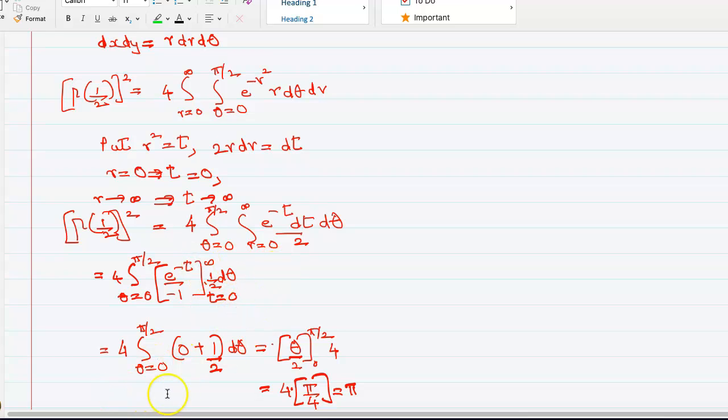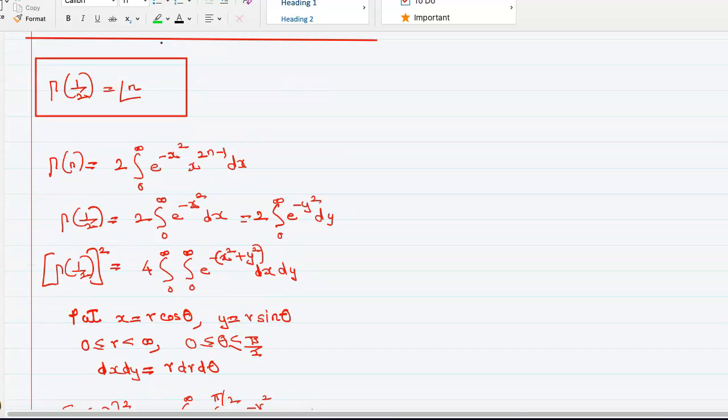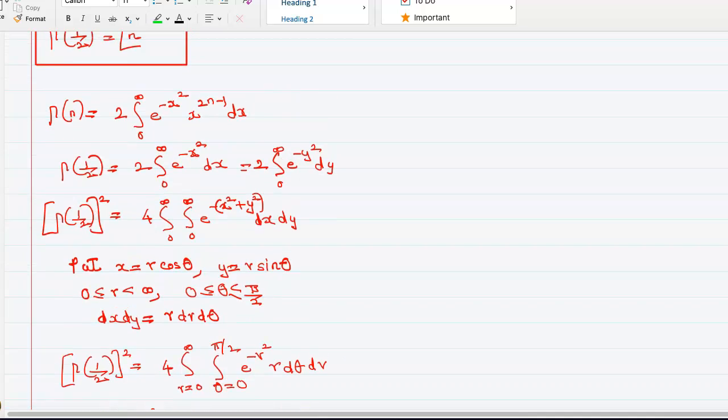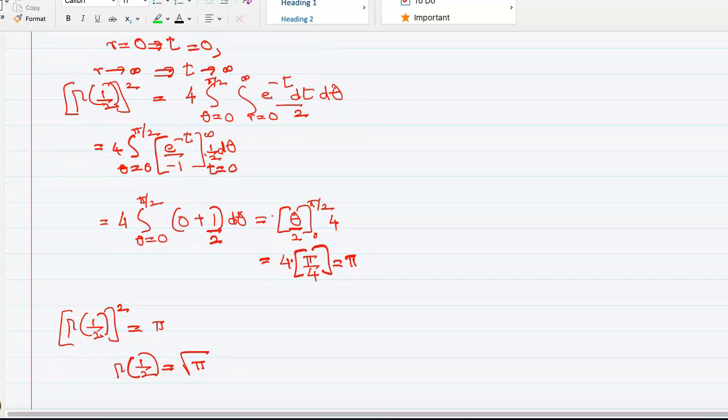So you get 4 times, 1 by infinity is 0, so this becomes 0 minus minus plus 1 by 2, and the 2 cancels with the 4, and again when you integrate d theta, the integral is theta within the limit 0 to pi by 2, you get the final answer as pi. So what have we seen? That gamma half squared is in fact pi.